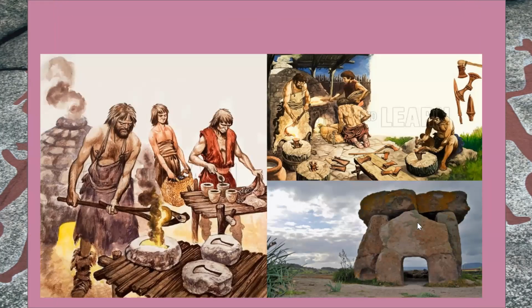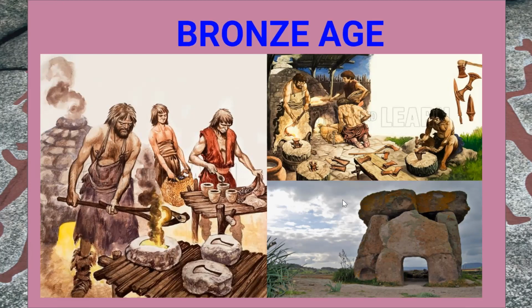Did you know that sometime in the late Chalcolithic, humans figured out that if you melt copper together with other metal like tin, it becomes harder? And that period is called the Bronze Age.